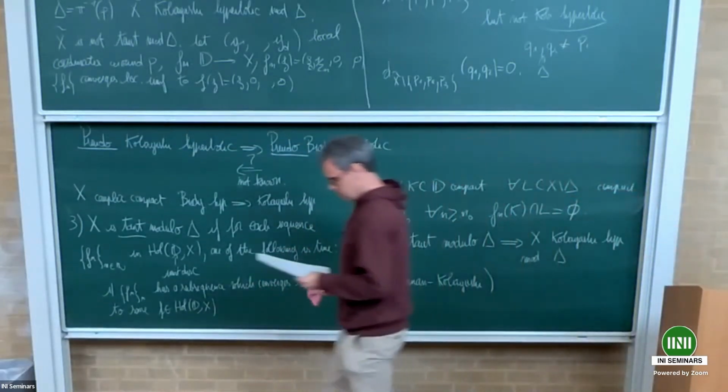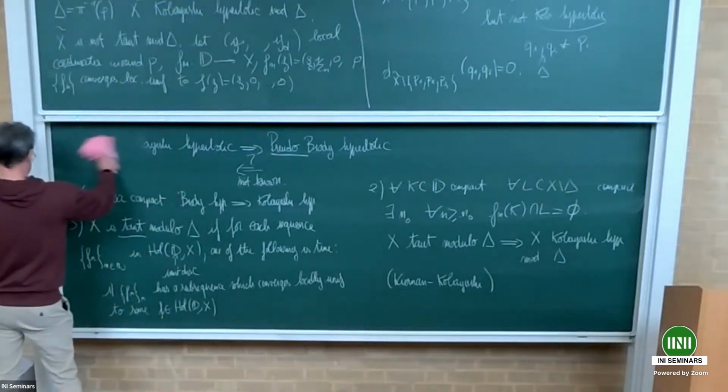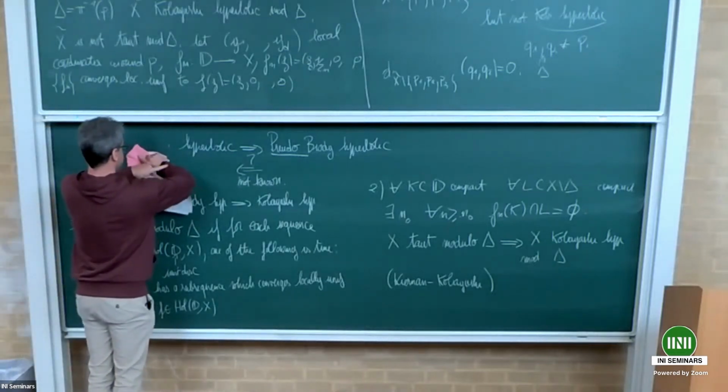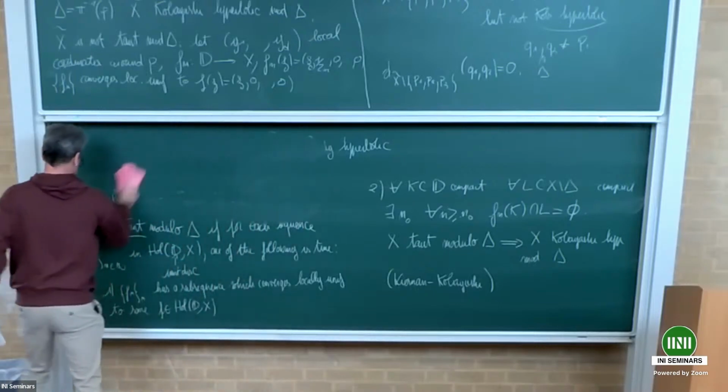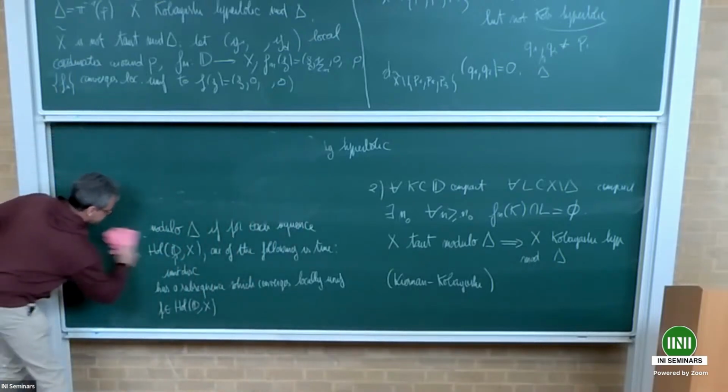Okay, so this was like an introduction and some side remarks. So now I go to subvarieties of Abelian varieties.